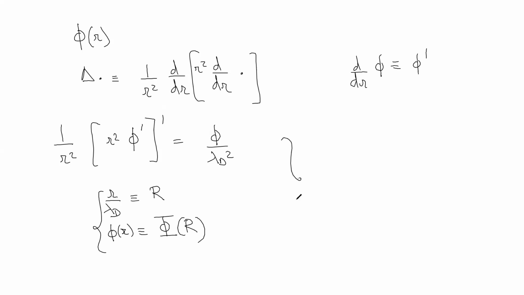So this allows you to say that, in fact, you have a purely mathematical problem in the form. And now the prime is the derivative with respect to capital R, its only variable. Okay, so no more length scale. It's a scale-free problem here.